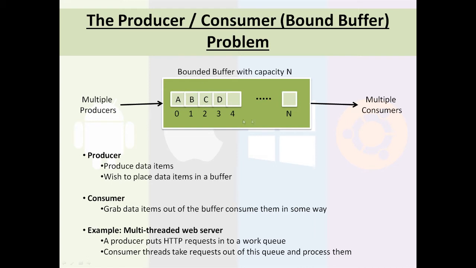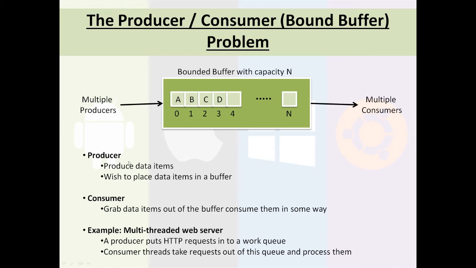Here is a little diagram representation of a bounded buffer. It's basically like an array or a pipe that has a capacity, say, n, and producers will feed information in, and consumers will take information out.